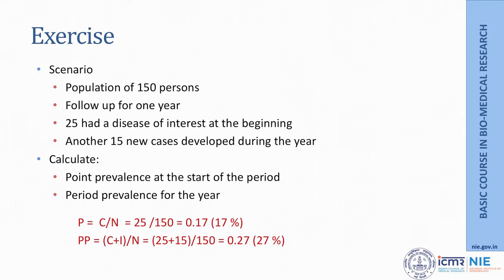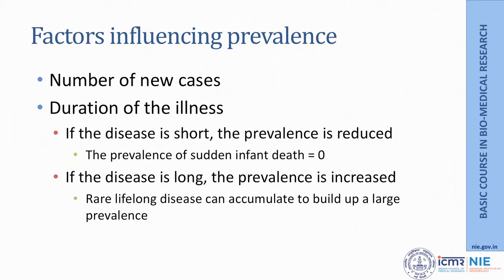When we calculate the point prevalence at the start of the period and the period prevalence over the period of time, point prevalence is given by C by N, that is 25 by 150 or 0.17 or 17%. Period prevalence is 25 plus 15, that is 40 over 150, which comes to 0.27, that is 27%.